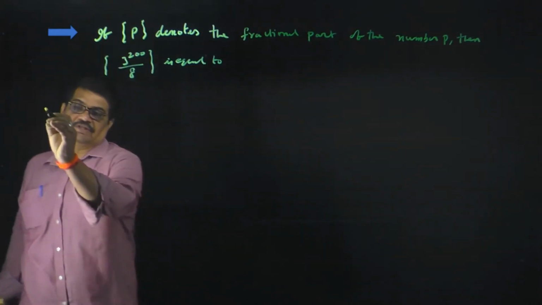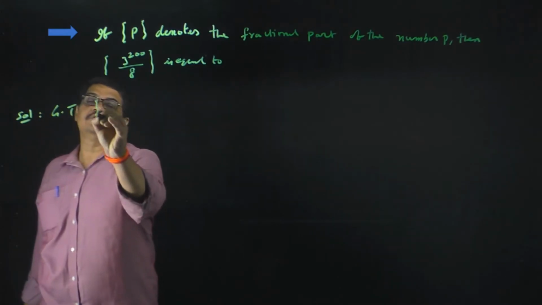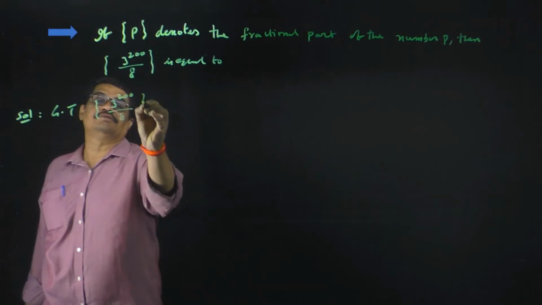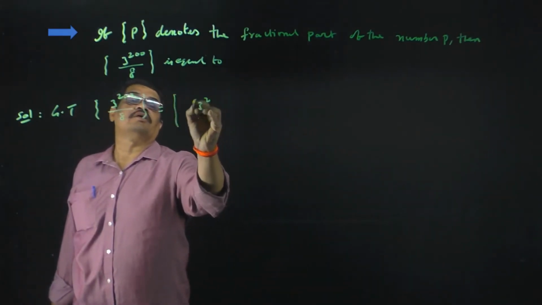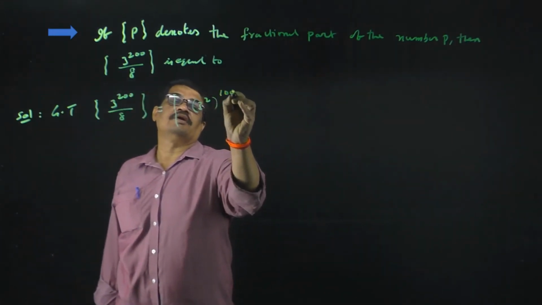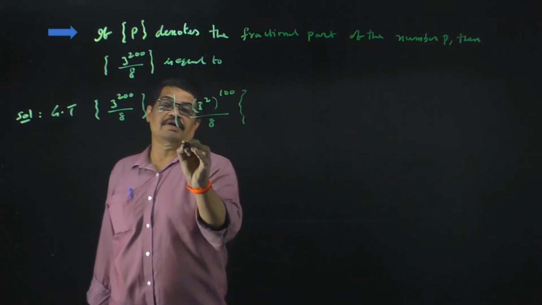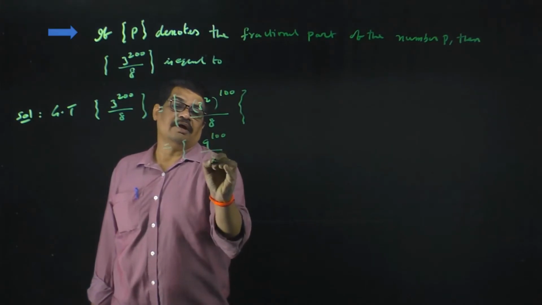See the solution. The given expression 3 to the power of 200 by 8 can be written as 3 squared to the power of 100 by 8, that is 9 to the power of 100 by 8.